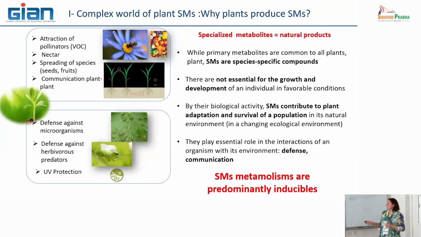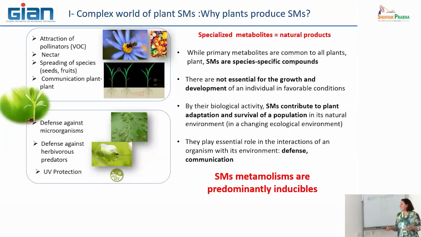Sometimes, for example, if a molecule has antibacterial activity for the plant, it can also be interesting for us for this biological activity. But when we test the molecule with other types of biological activity assays, we can find other types of properties that could in fact be more interesting.